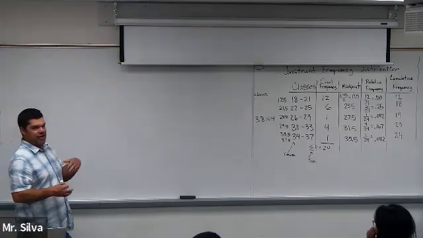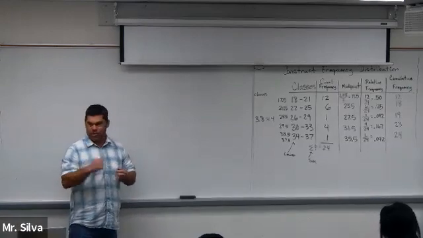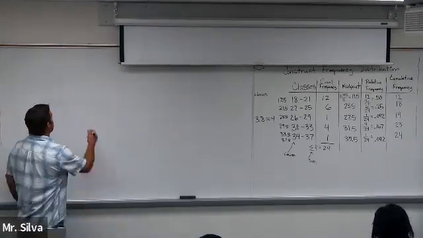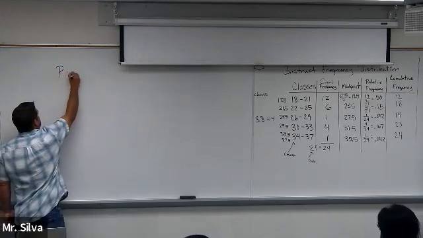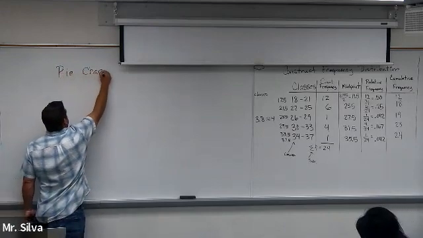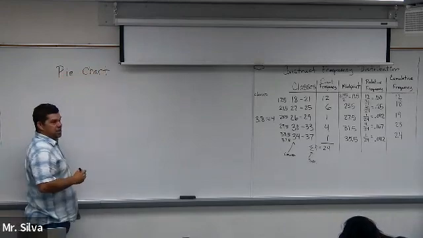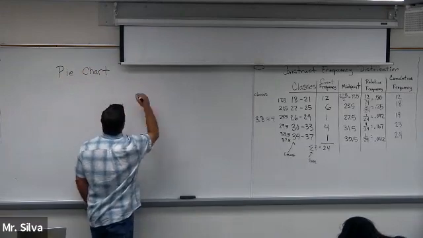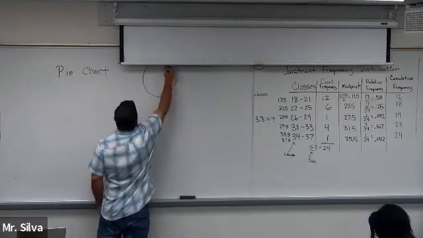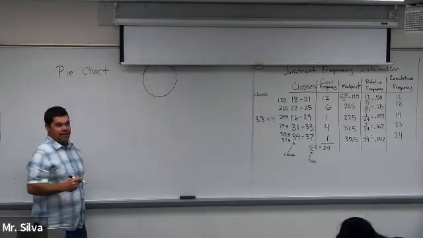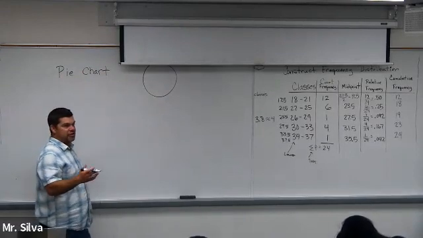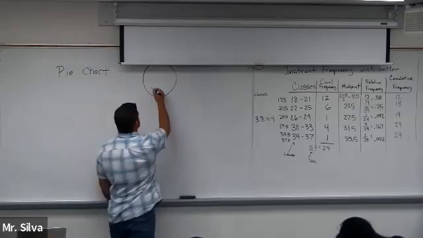All right, so we have other graphs that we can make, graphs that you're familiar with. We can make a pie chart. A pie chart is a circle graph. If I say 50% of students here are 18 to 21-year-olds, that's half.